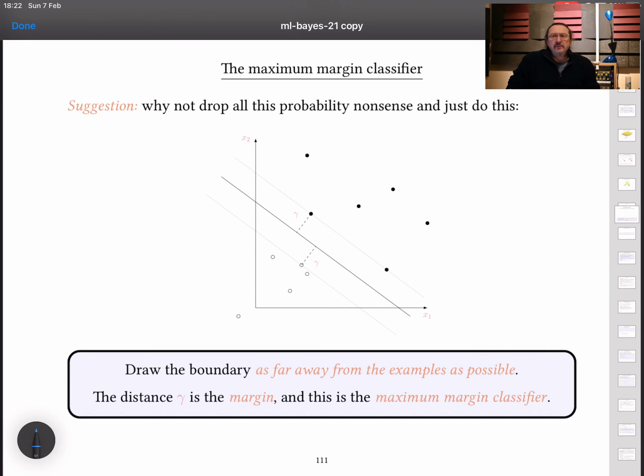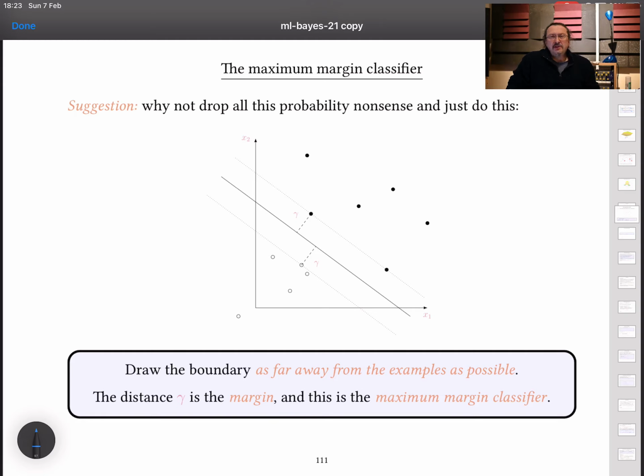Instead of going to the lengths of setting up this big probabilistic framework, why don't we just bite the bullet and say, okay, if we have two classes illustrated here with the standard, bog standard illustrative example for two classes, and we want to divide them with a linear classifier, why don't we just try and do that in such a way that the dividing line we use is as far away from any of these data points as possible, while still dividing them correctly?